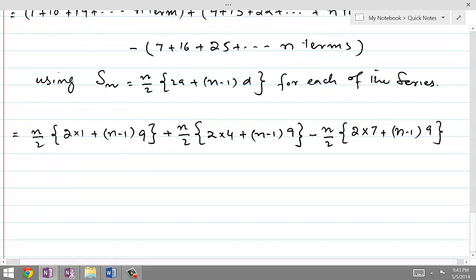So this way we can sum 3 different series, each consisting of n terms.